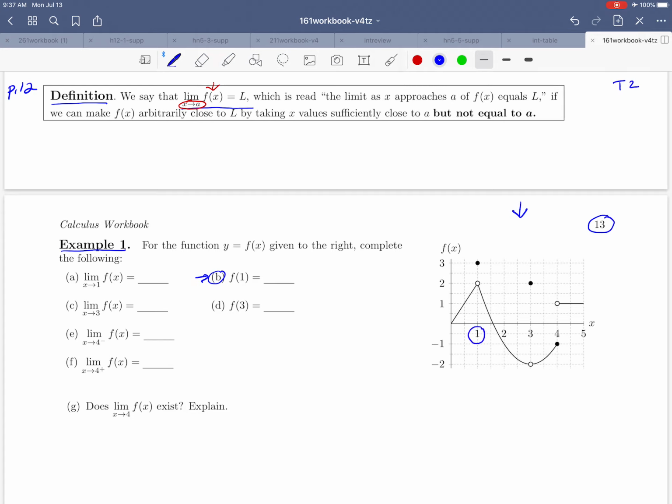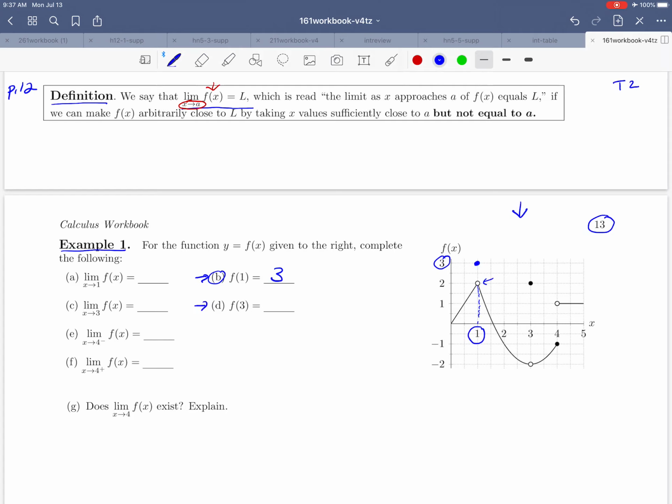What is the y value on our function that goes with that x value? Well, if we go up, we notice that we've got an open dot. That's the absence of a point, so f of 1 doesn't occur there, but it does occur up here where we do have a point, and the y value there is 3. So if we substitute 1 into our function for x, we get a y value out of 3.